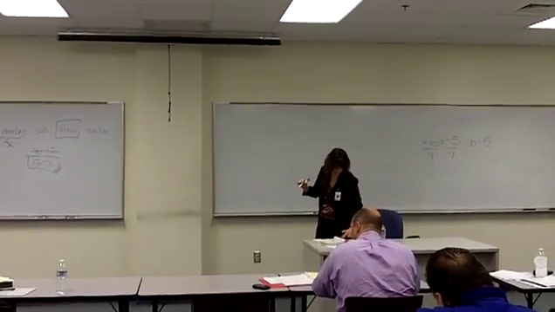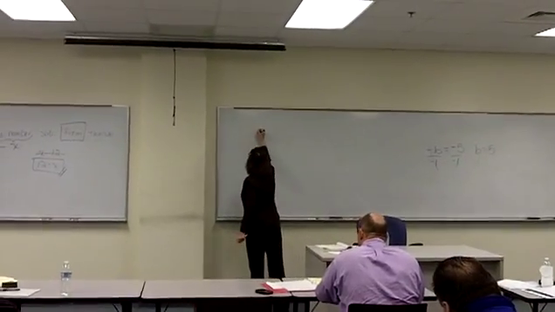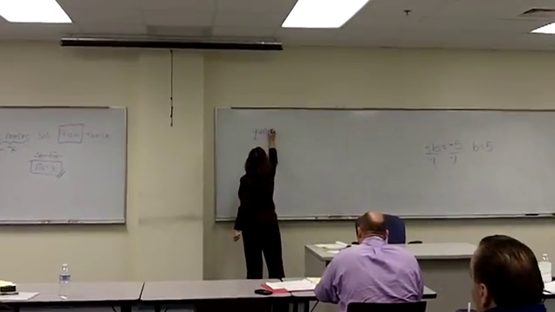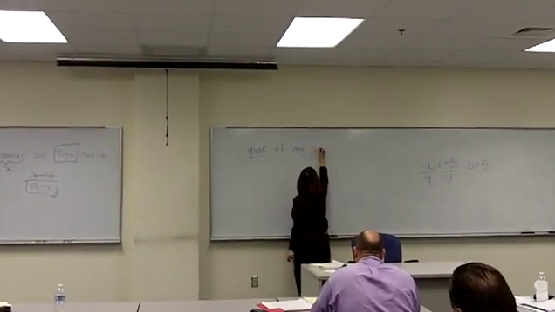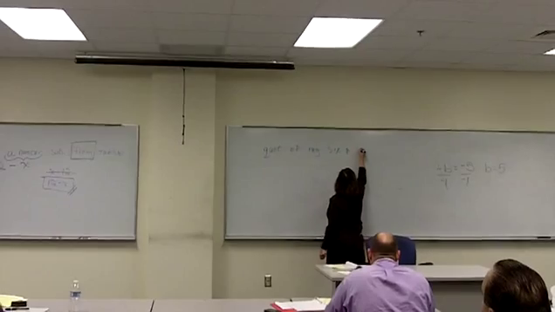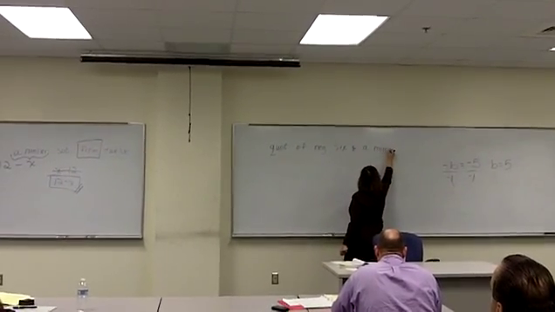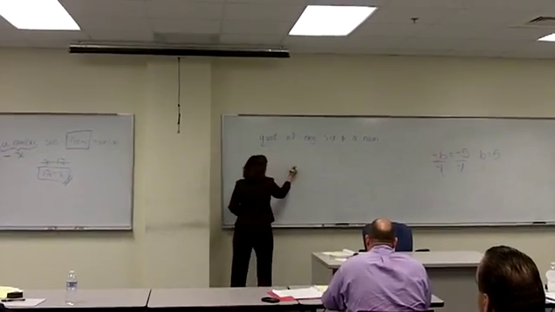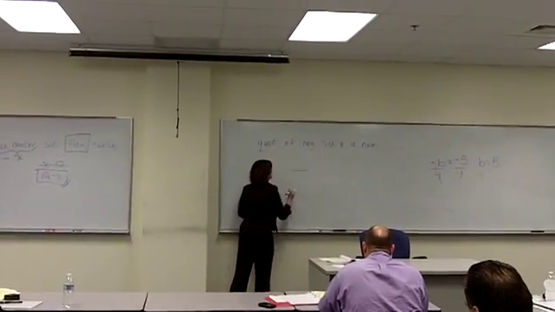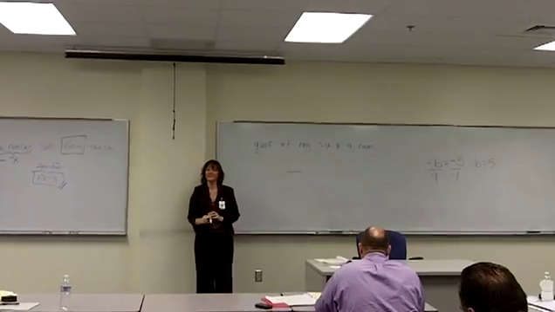The quotient of -6 and a number. -6 over a number. All right. So our quotient we can set up already as this over that, right? There's my symbol.